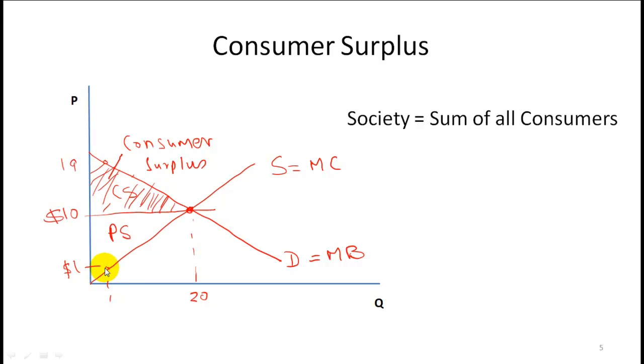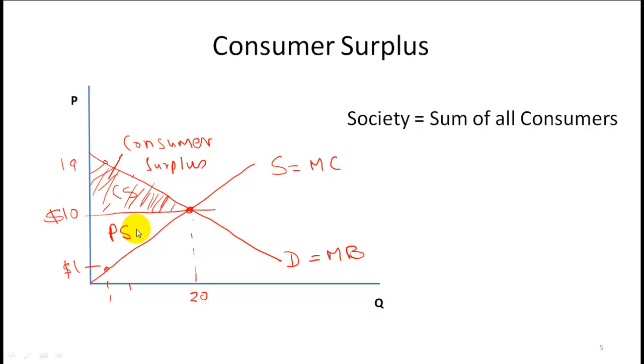So their cost was $1, but they got $10. For the second unit, let's say that their cost was $2, but they got $10. So this whole region over here, until we get to this point, is the producer surplus. So this is essentially the surplus or the benefit for the producers.